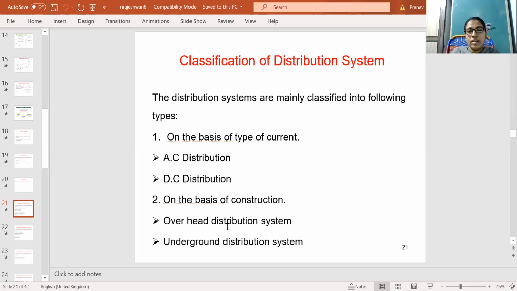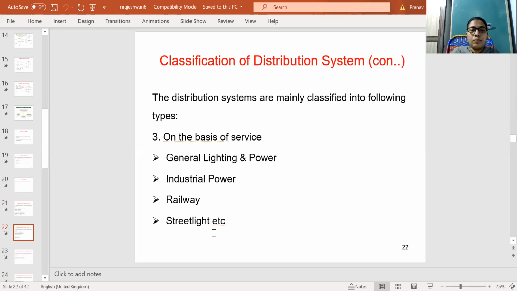And on the basis of service, there is general lighting and power, industrial power, railway, street light, etc.